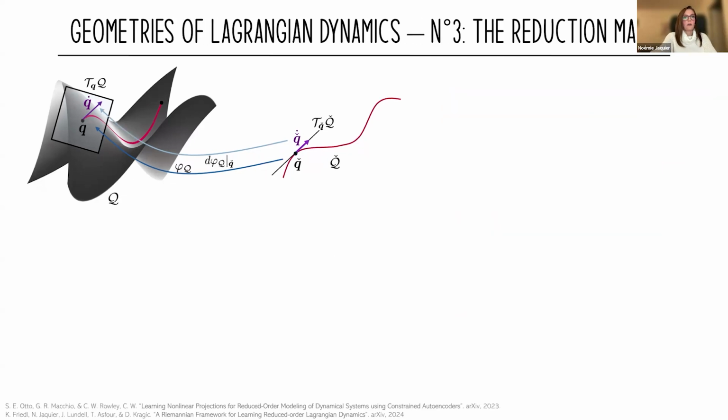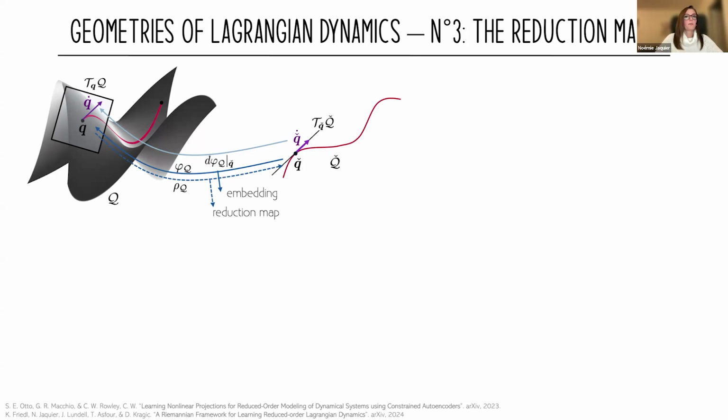So to do so, we need to exploit yet a third geometry of Lagrangian dynamics, which are so-called reduction maps. In our system, we have this embedding that allows us to go from the reduced order model to the full order model. And what we want is an inverse of this, which will allow us to map a point in the full order model towards a point in the low dimensional, reduced order model. This is called a reduction map.